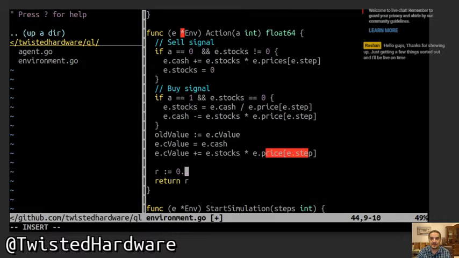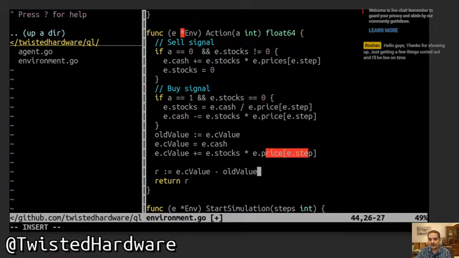Nice. Now my reward is new value minus old value. Yeah, my current value minus my old value. Yeah, makes more sense.